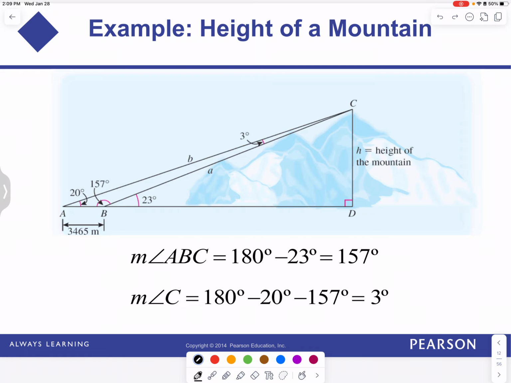So let's use the law of sines to solve for side B. If we did B over sine of B, right, equals what? What's the other one that we have? It looks like we have C over the sine of C. Okay.